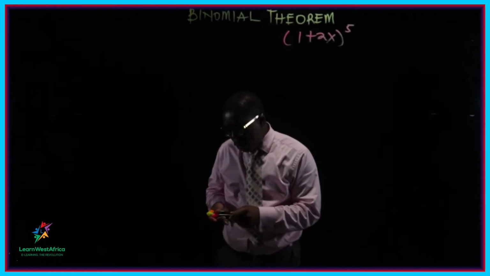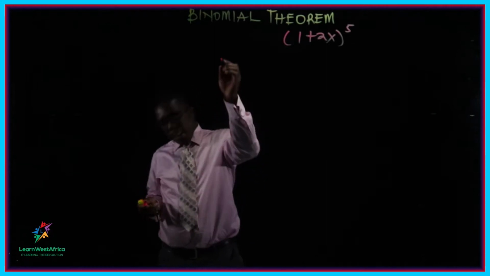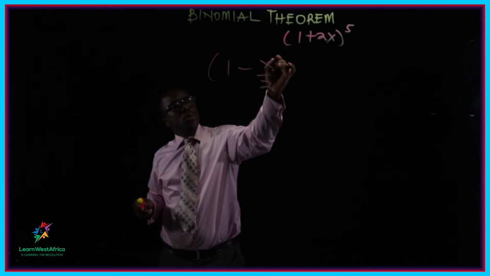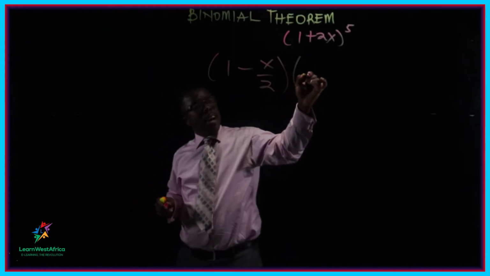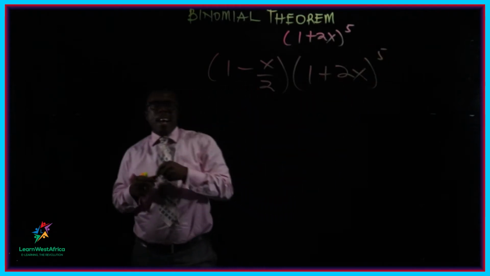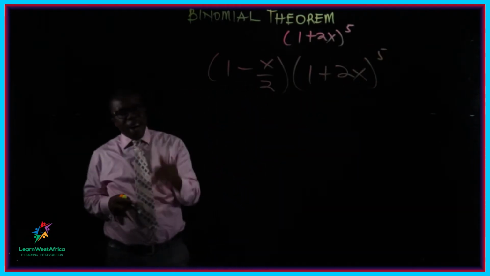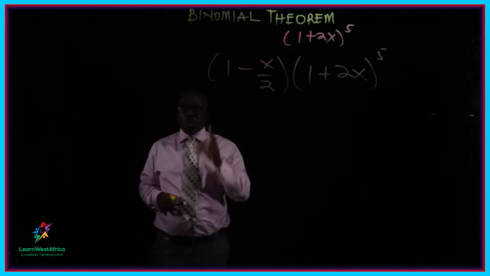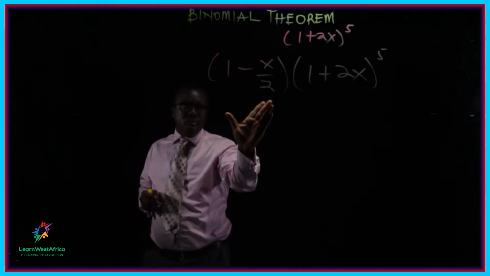Now, this was a product that we were given in the problem. We were given 1 minus x over 2, then 1 plus 2x raised to the power 5. And the question required of us to find the coefficient of x cubed. So what do we do? We take the first bracket here.